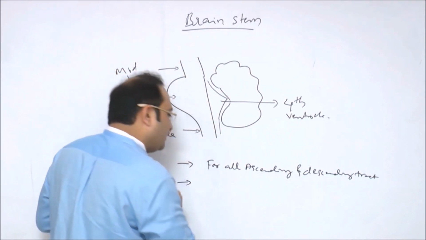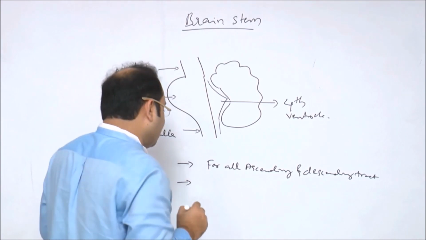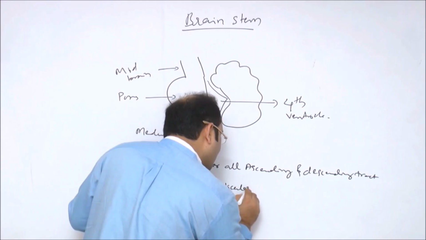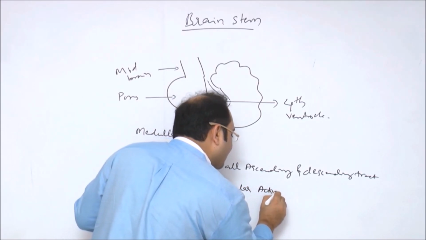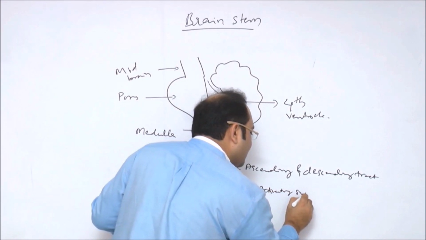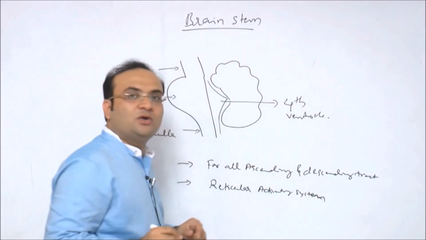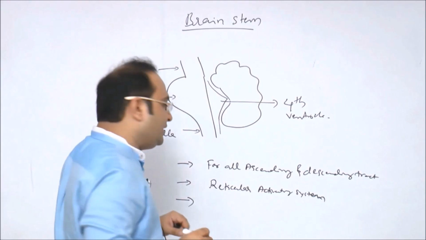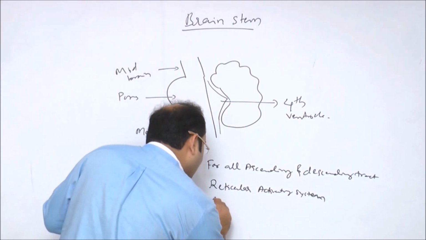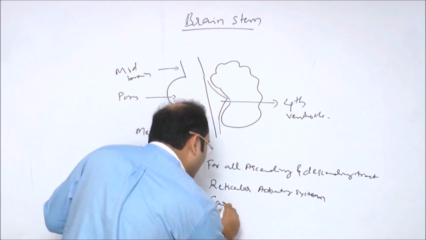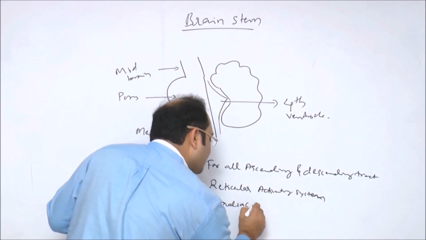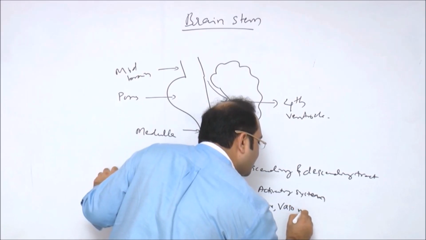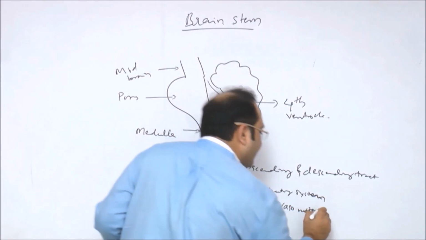The next most important feature of the brainstem is that it consists of the reticular activating system, which controls consciousness. Apart from that, the brainstem has the reflex centers, mainly the vital reflex centers like the cardiac center, the vasomotor center, and the respiratory center.